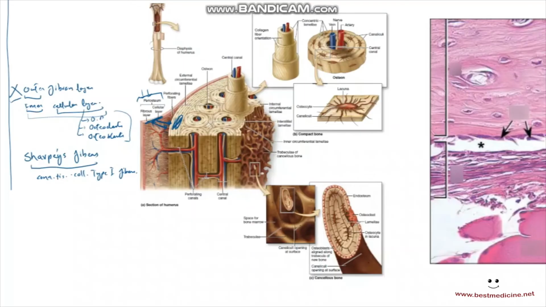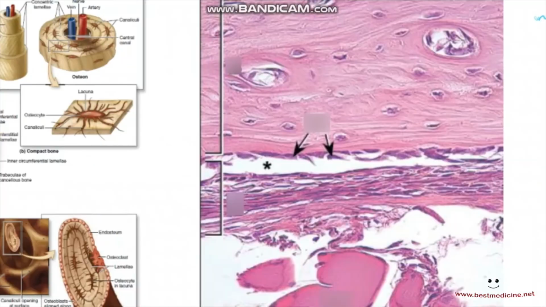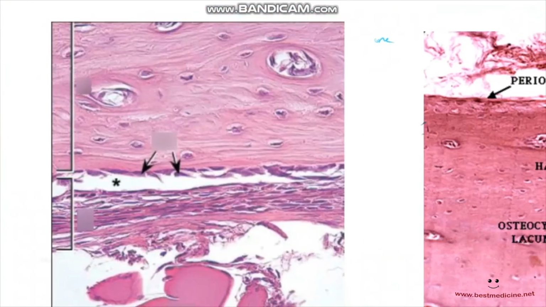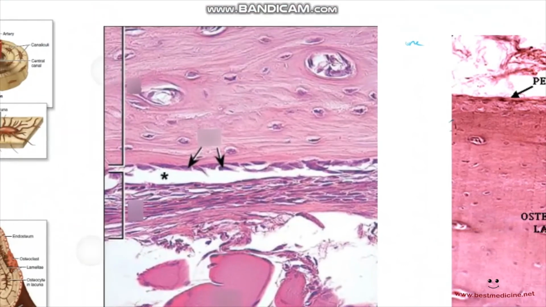All right, I have some histology slide images of the periosteum that I want to go over. Right here, picture number 1, we can see a compact bone containing the matrix and the lacunae enclosing osteocytes.